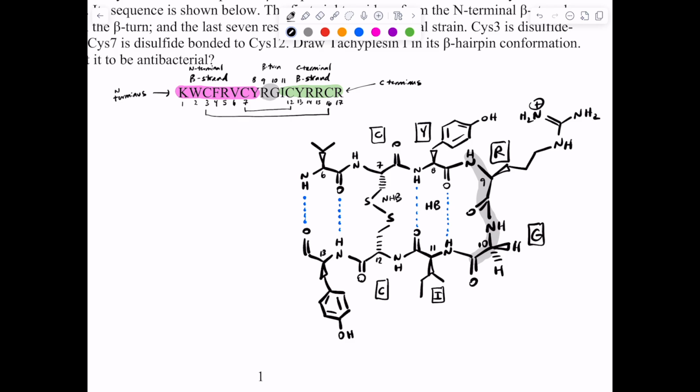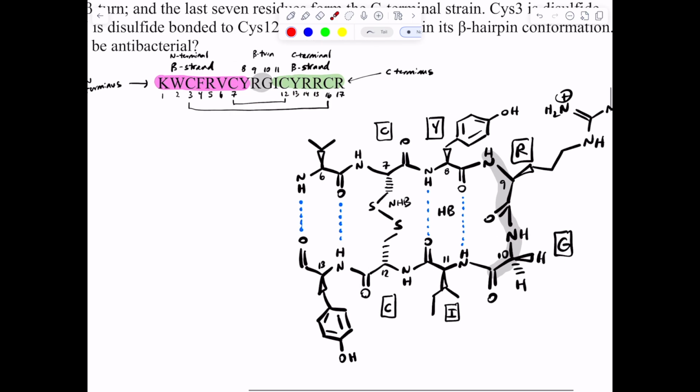Okay, so we are out to arginine 14 and arginine 5. These are going to be at a non-hydrogen bound position. So this is the backbone atoms for arginine 5 and the backbone atoms for across the strand arginine 14.